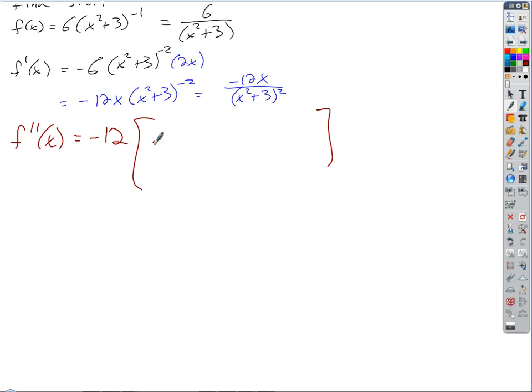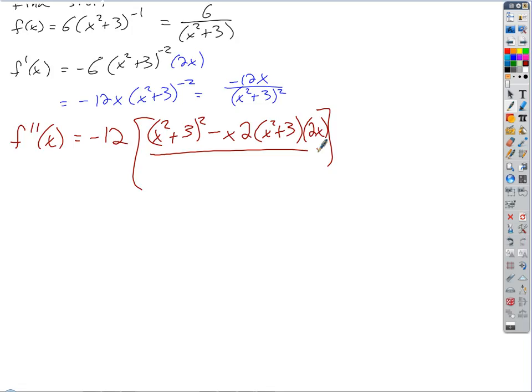x squared times 1 minus x times 2x times 2x, because I have to do the derivative of what's inside.